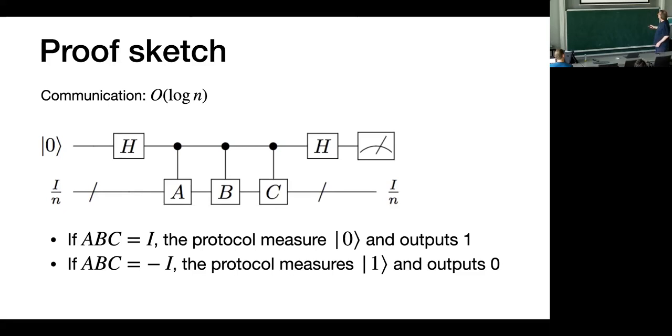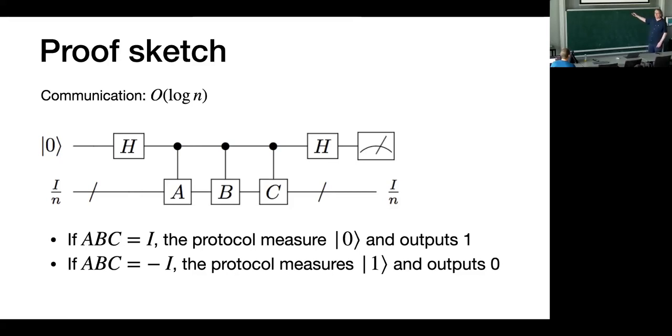If, on the other hand, ABC is minus I, then a phase factor appears, and you can basically treat it as if it appears on this qubit. So you get the phase factor here, and if you then apply the Hadamard, you measure 1.